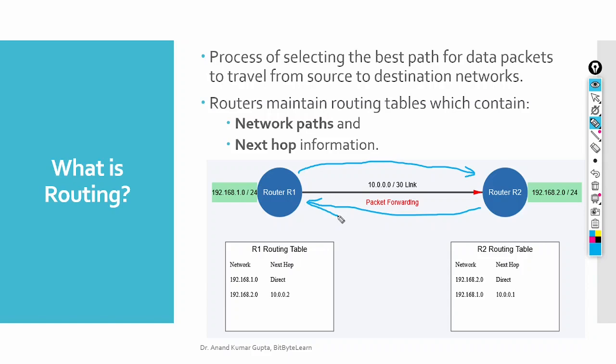Routing is basically of two types. It can be static or dynamic. Static routing is configured statically by administrators, whereas dynamic routing is configured using a routing protocol.